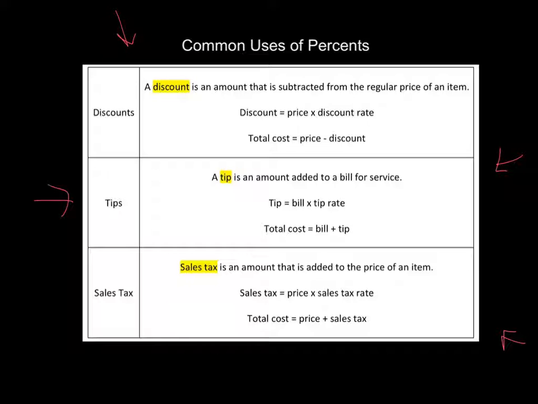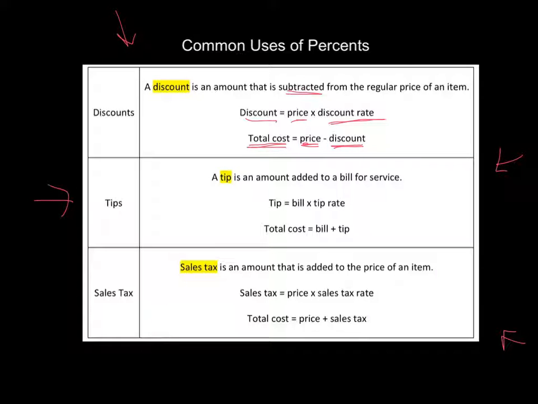So here we go. A discount is an amount that is subtracted from the regular price of an item. So to find the discount, we need to multiply the price and the discount rate. And then to figure out how much it's actually going to cost after you do the discount, you need to subtract the discount from the price.